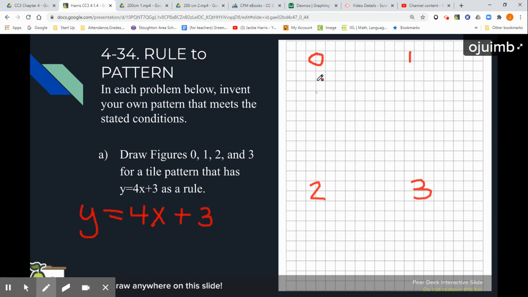You have to decide how you want to arrange those 3 tiles. Our growth is that number that we're always multiplying by x. So once again, once we know where our 3 tiles are to start with, then you're going to decide where will you always add your 4 tiles, and you're going to create the pattern.